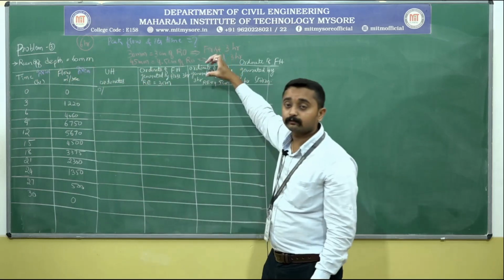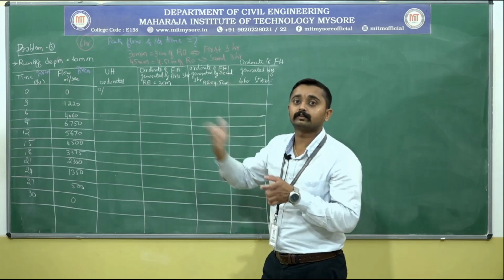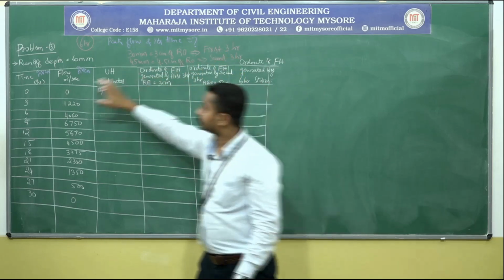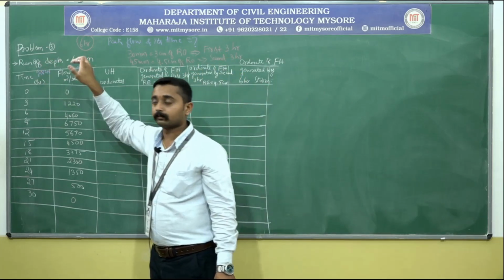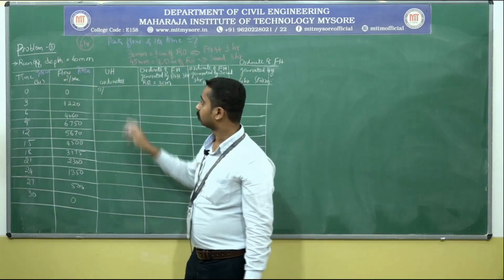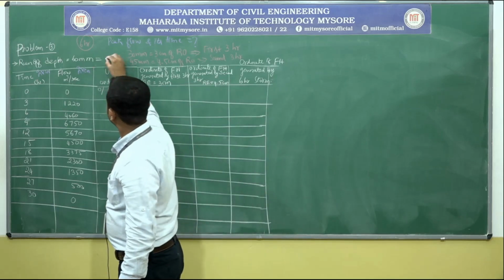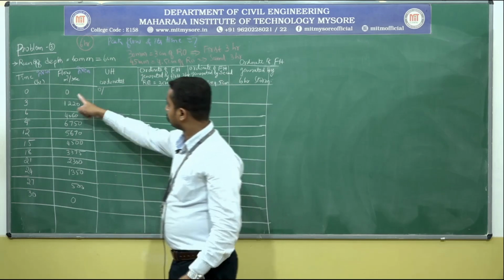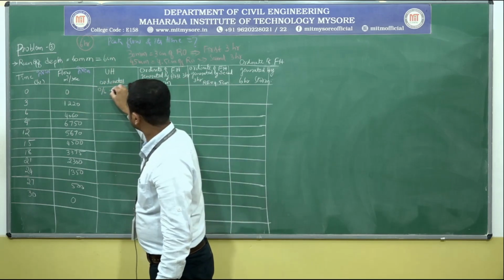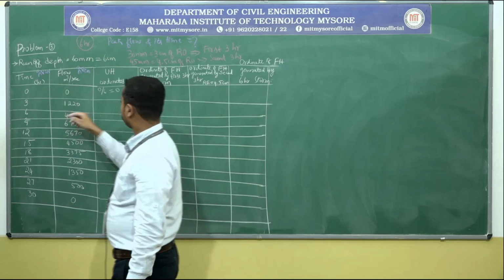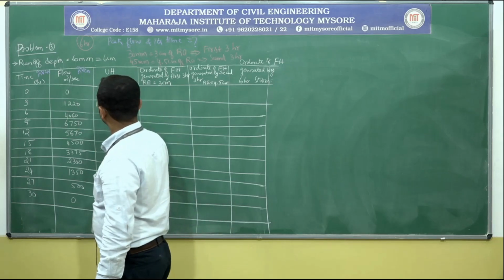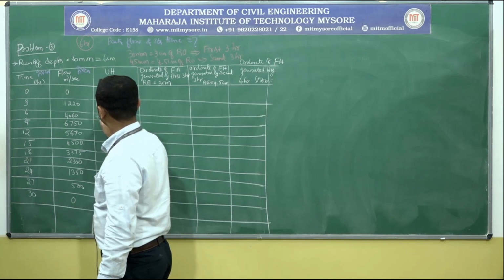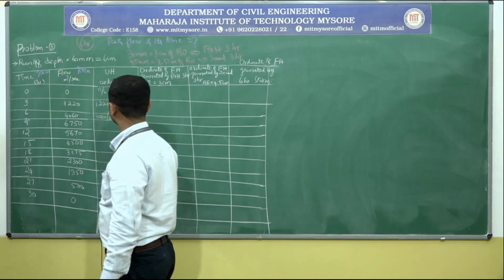This is divided for consecutive 3 hour. 0 divided by 6, 1220 divided by 6, 4060 divided by 6.